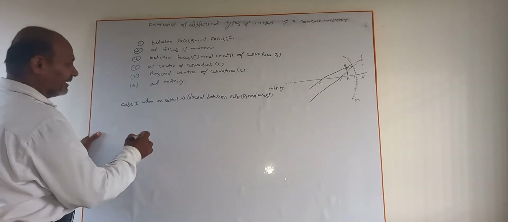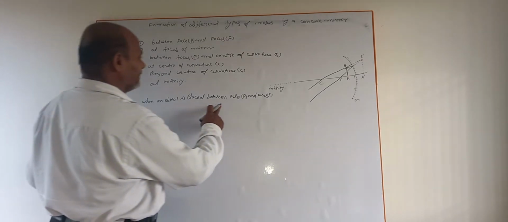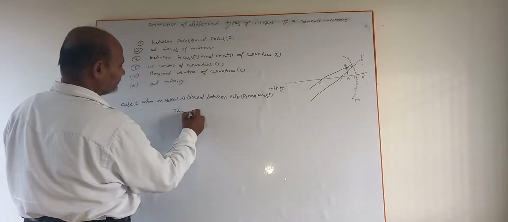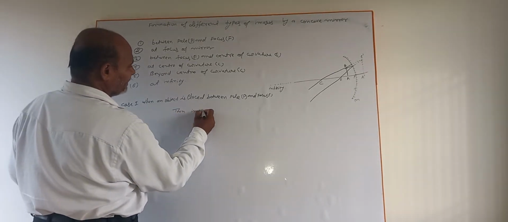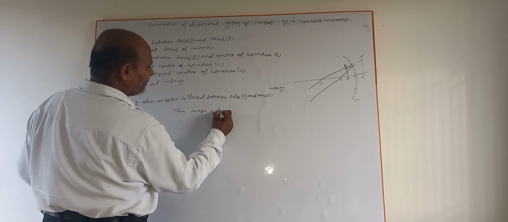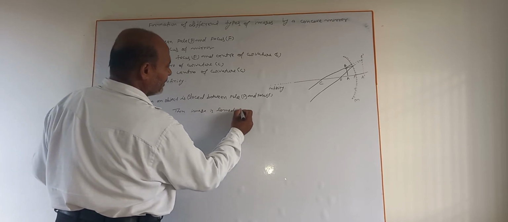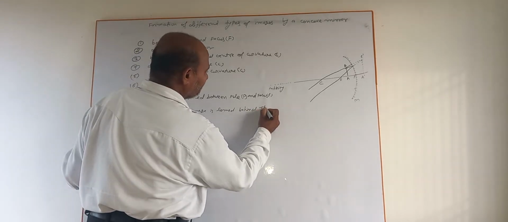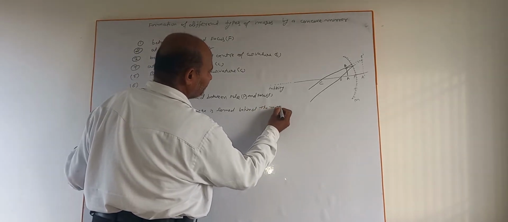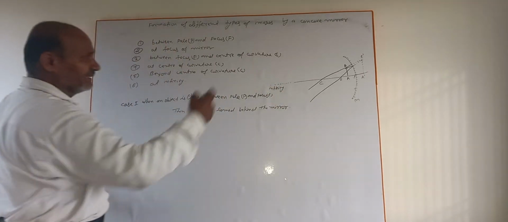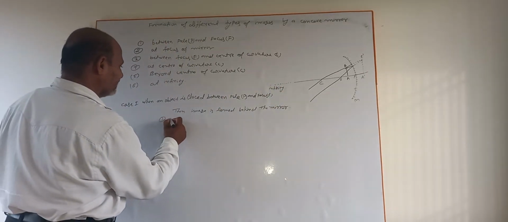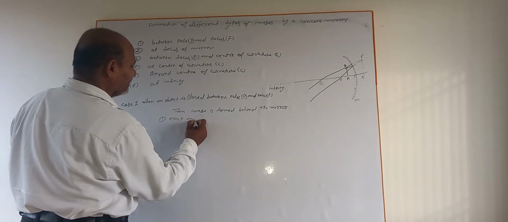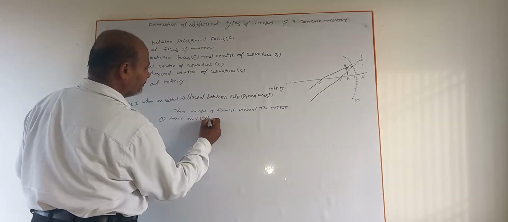So we can say that when an object is placed between pole and focus, then the image is formed behind the mirror. This image is called erect and virtual.